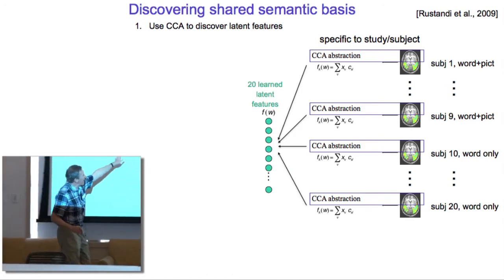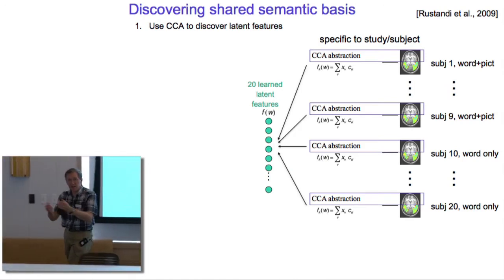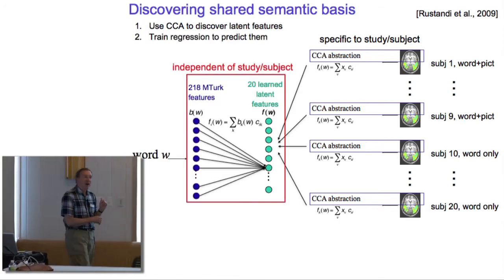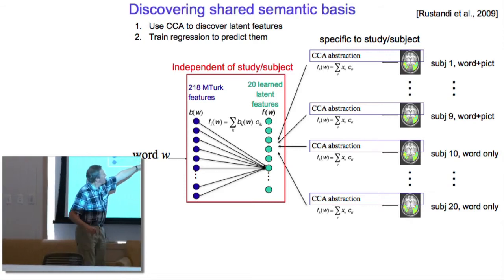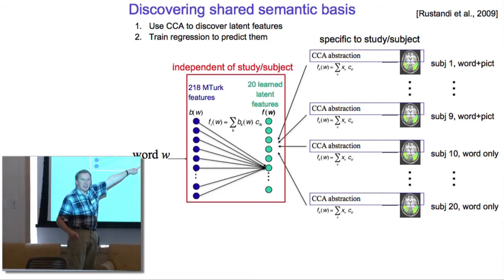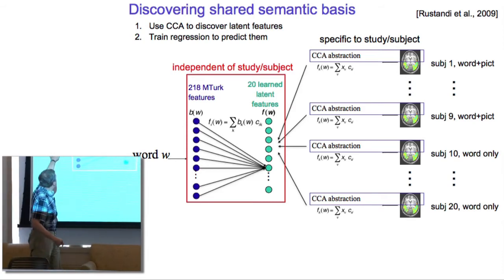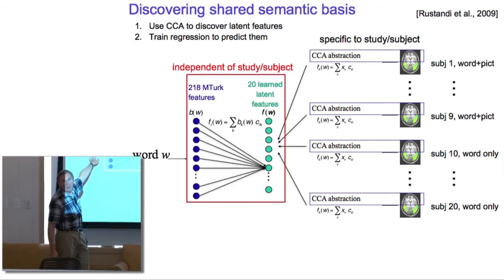So Indra does that. He happens to use CCA instead of the approach we've heard about before. But then in a second step, he links up these features that were derived from the FMRI variations to the stimuli. How?